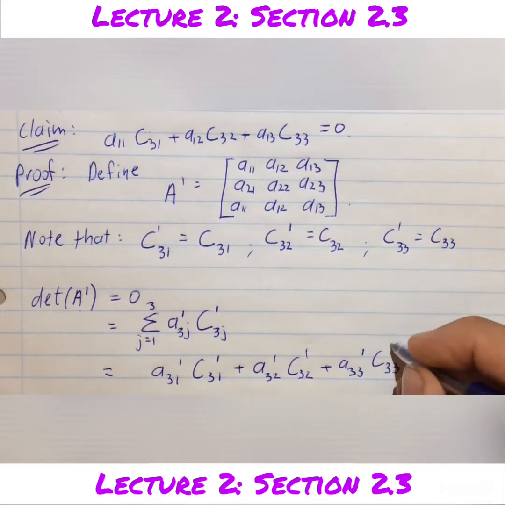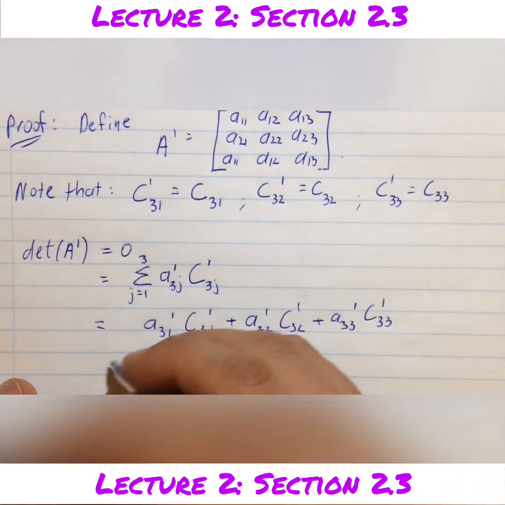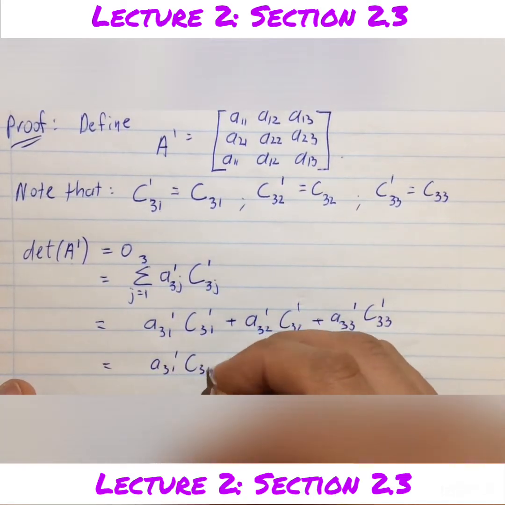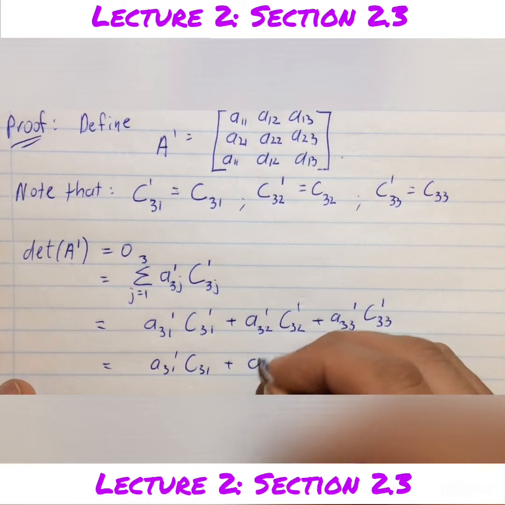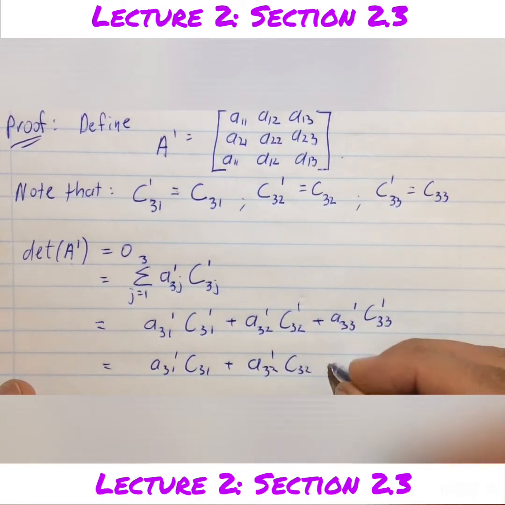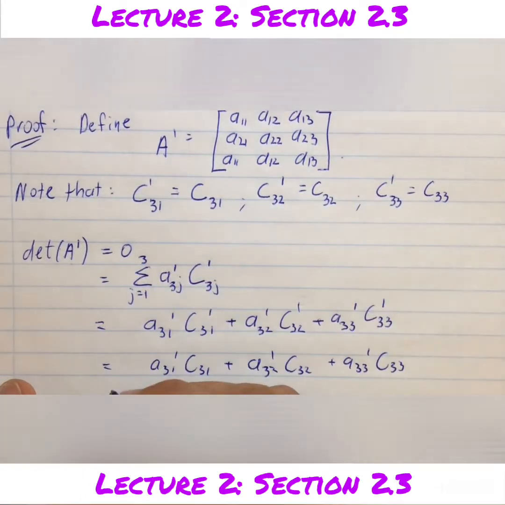C33. Okay, and again we can use these quantities here and replace, and therefore we get A31 prime C31 plus A32 C32 plus A33 C33. And what's the entry in the third row in the first column of matrix A prime?